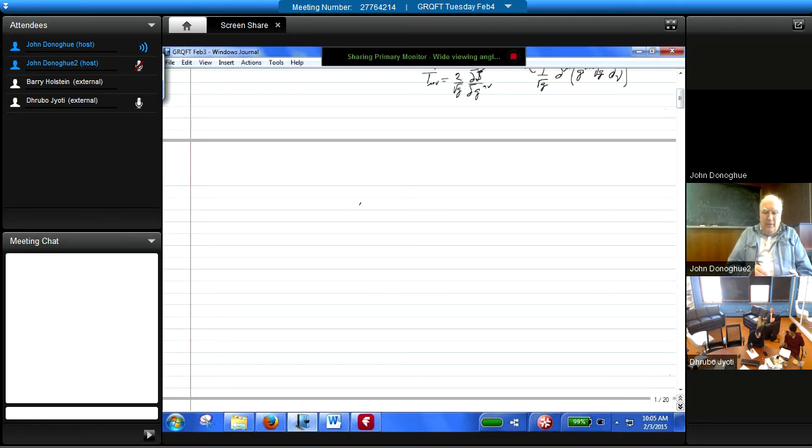So the first thing I just want to do is add in the cosmological constant. I will add it in at this time. If we're doing an invariant, we also have the following.